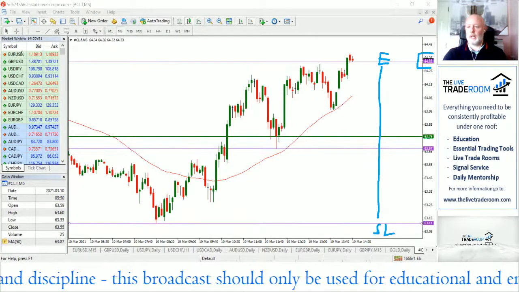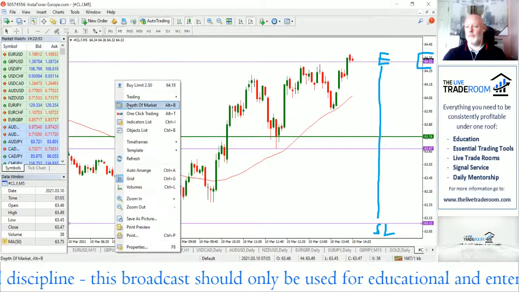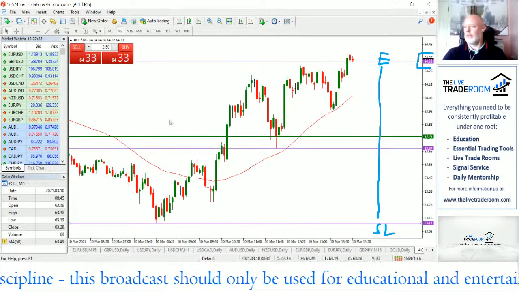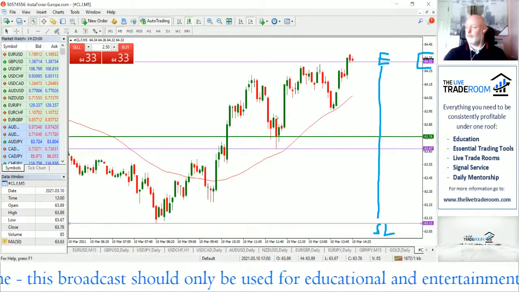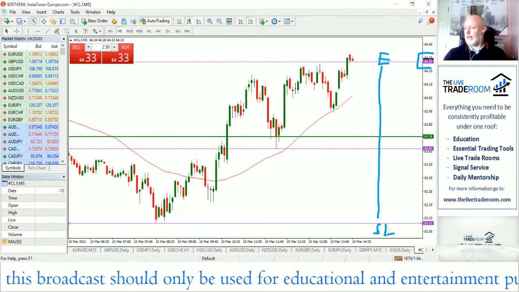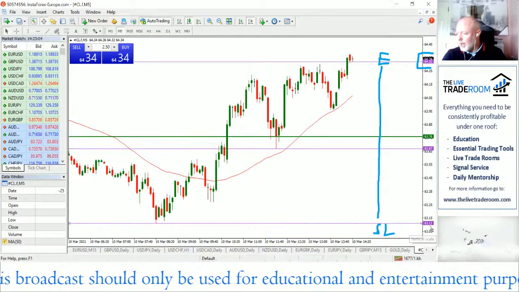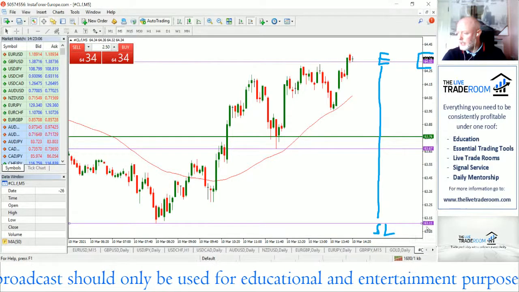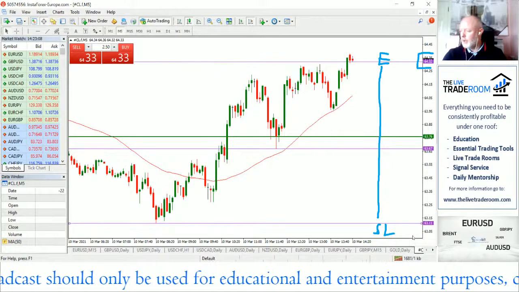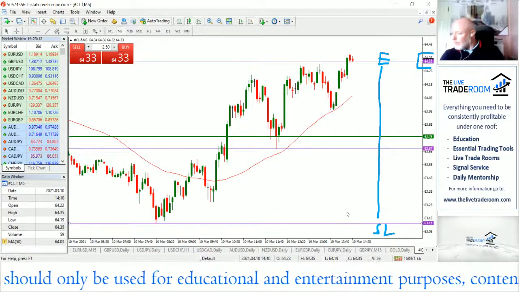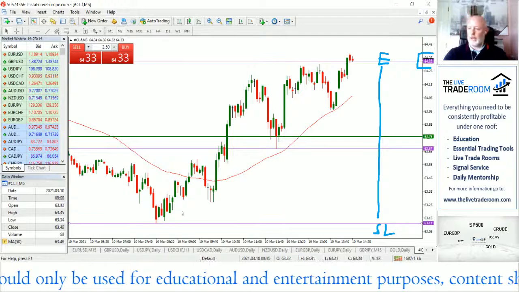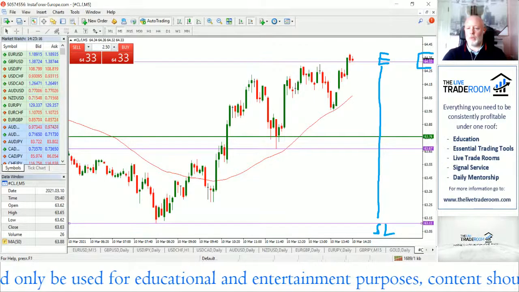What I'll do is get up the one-click trading just so you can see the actual price there, and we can see that the low is the 63.11. So we'll just do a few pips below that. So 63.09 could be our stop loss.